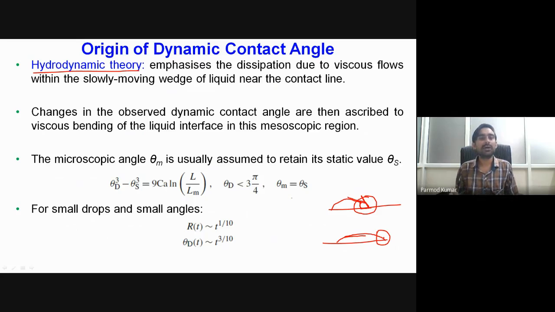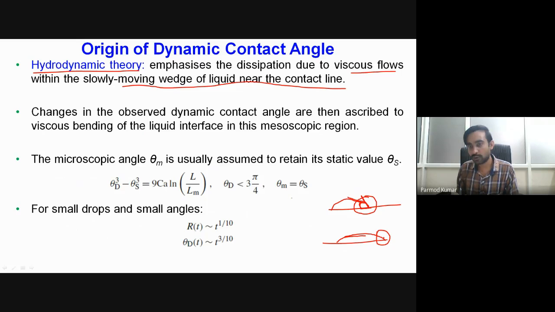In this theory, we consider that there is dissipation in the motion of the droplet, and that dissipation is due to viscous flow within the slowly moving wedge of liquid near the contact line. This portion is what we call the wedge of liquid near the contact line.